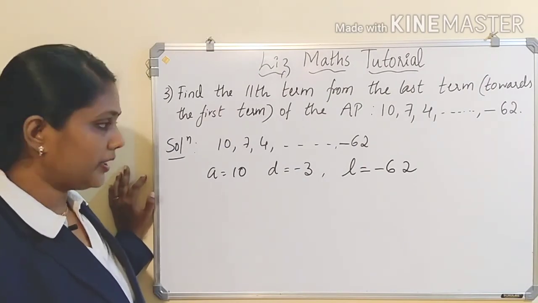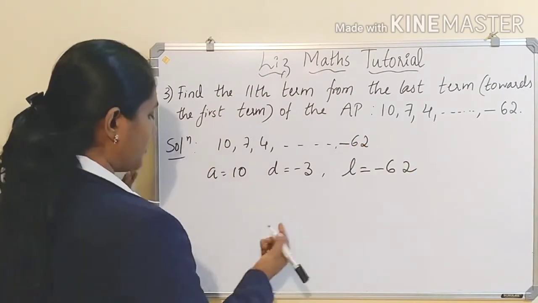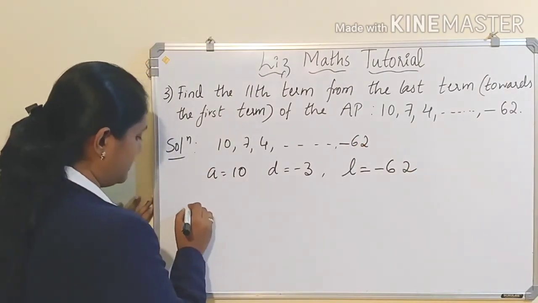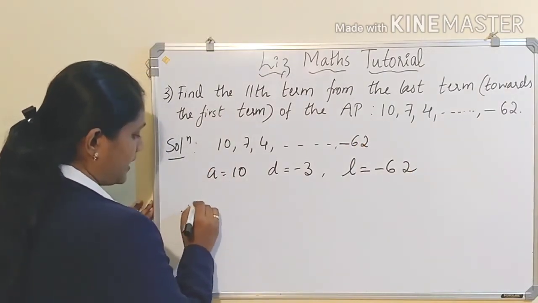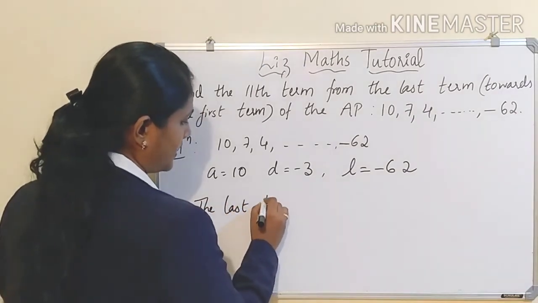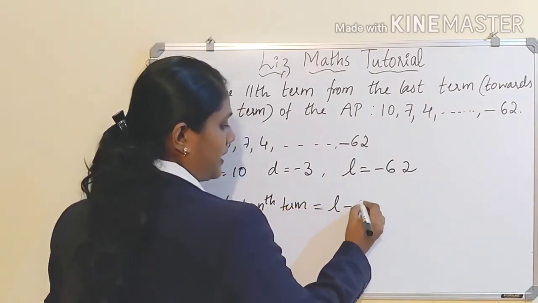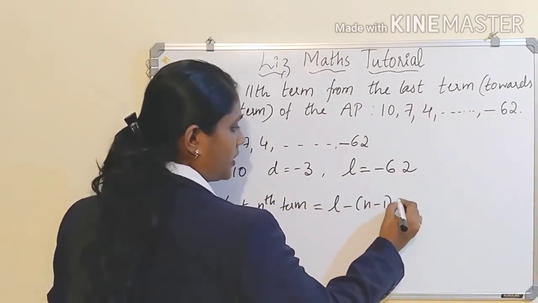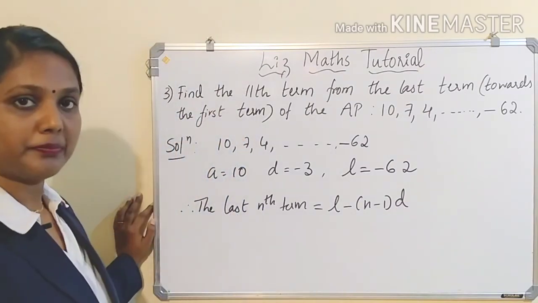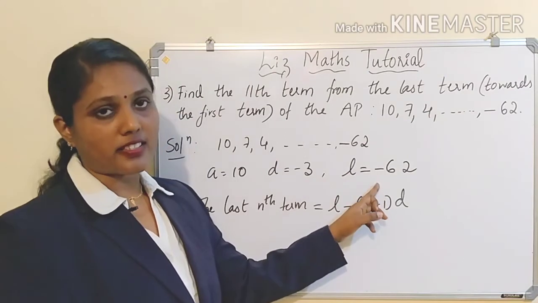To find out the 11th term from the last term. So how to find out that nth term from the last? Therefore the nth term from the last, the formula I've told you, is l minus (n minus 1) into d. So this is the formula we have to use here when they give the last term. Got it?